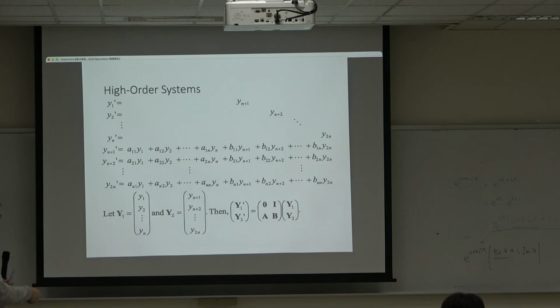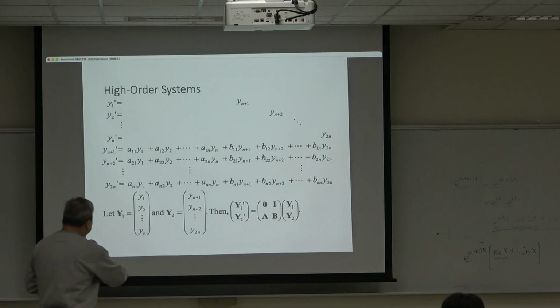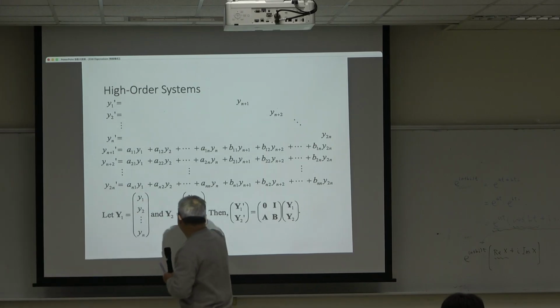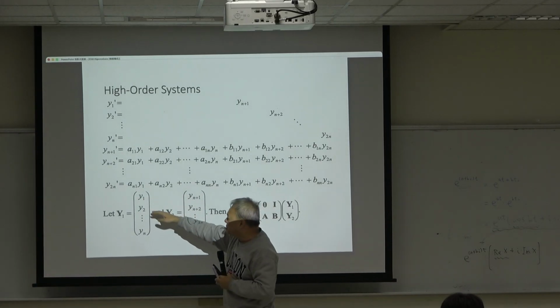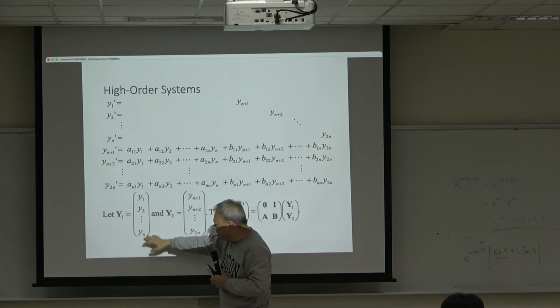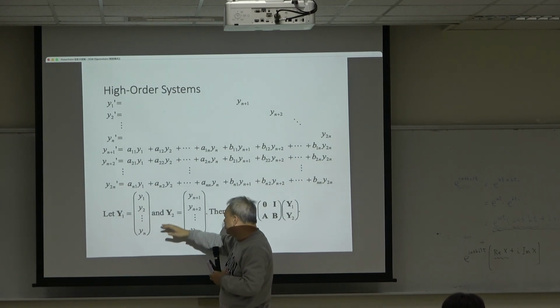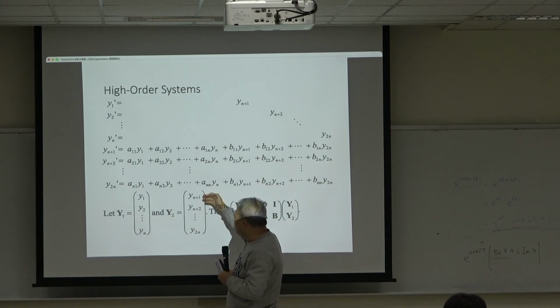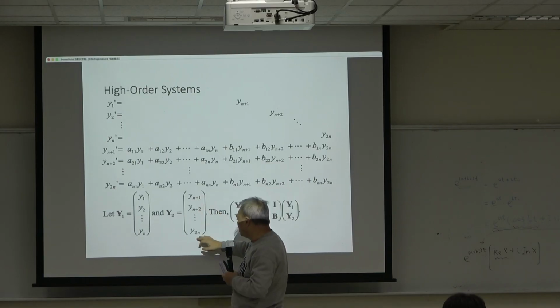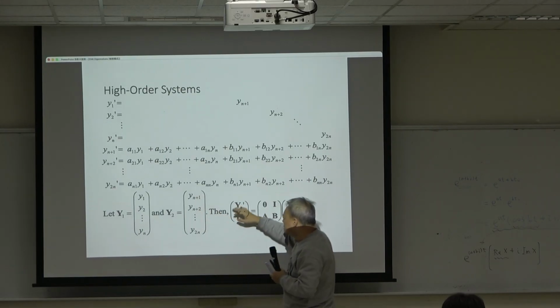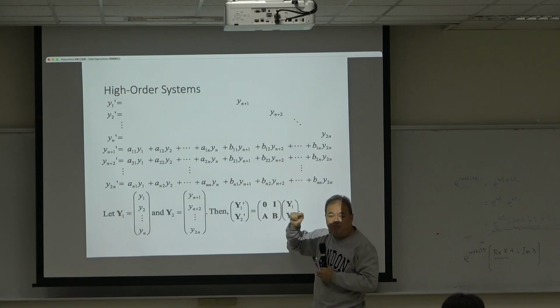So if you write the whole thing, if you let y1 be the vector from y1 to yn, and y2 be the vector from y_{n+1} to y_{2n}, then you can write it in block format.